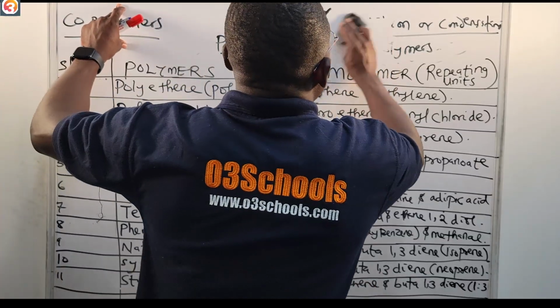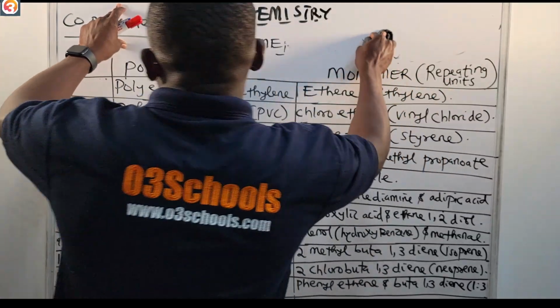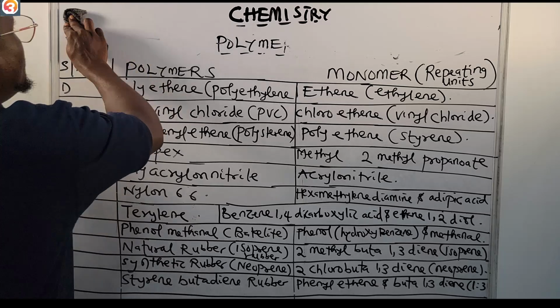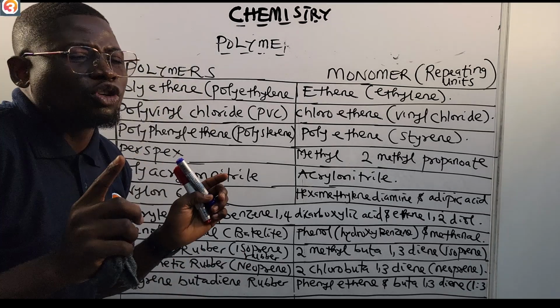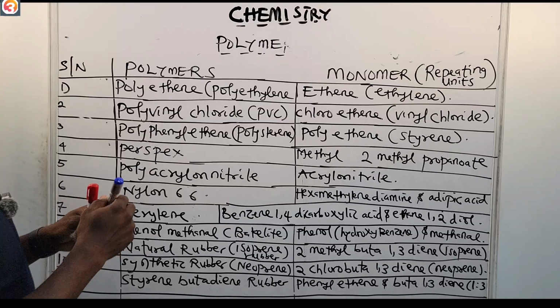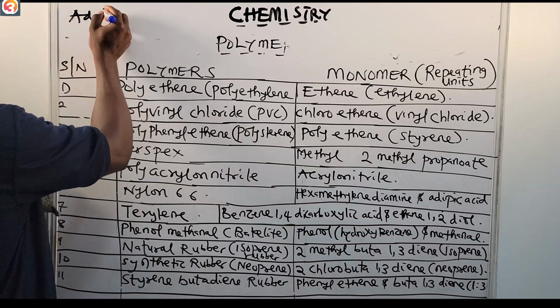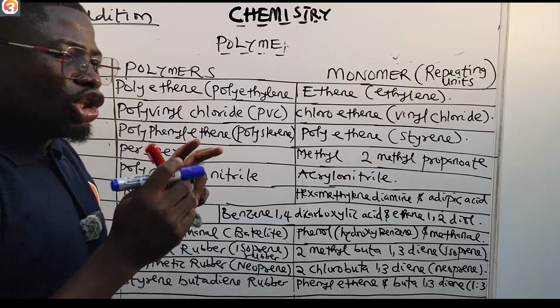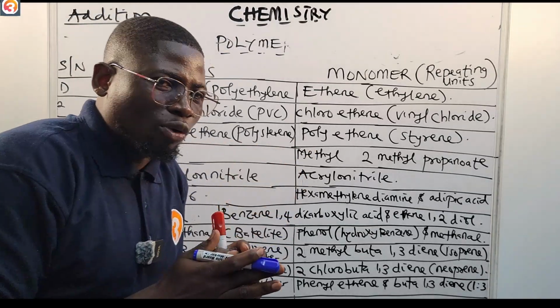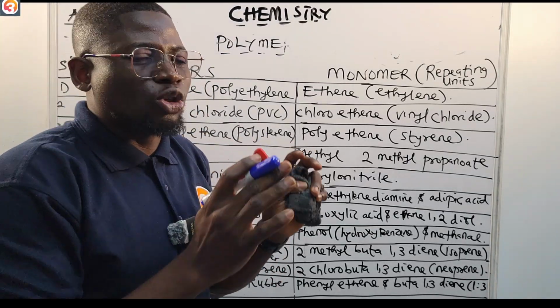It is very, very important. So likewise, in addition polymerization, the monomers join without loss of any atom or group. For addition polymerization, the monomers join together without loss of any atom or group.